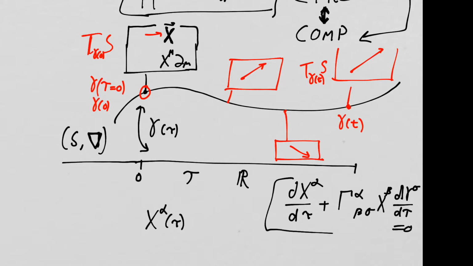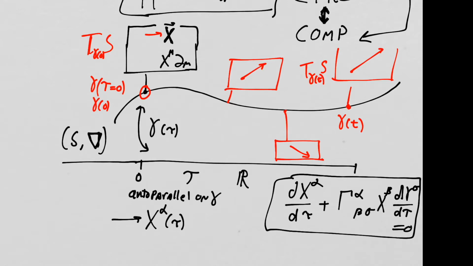The solution of these four differential equations that are coupled together will give us x^α as a function of τ. And what's nice is that this will be autoparallel on γ. That means I put in τ and I get the vector that is parallel to some initial condition.